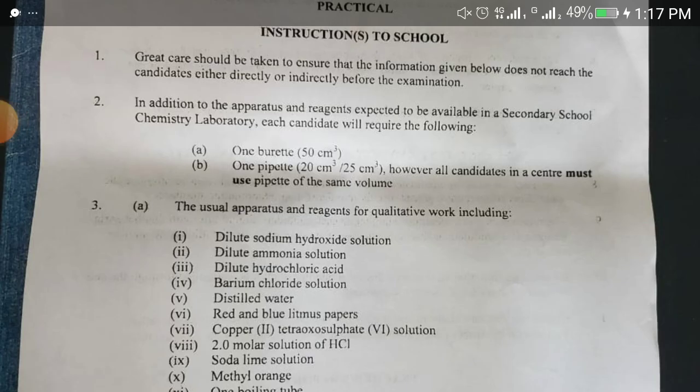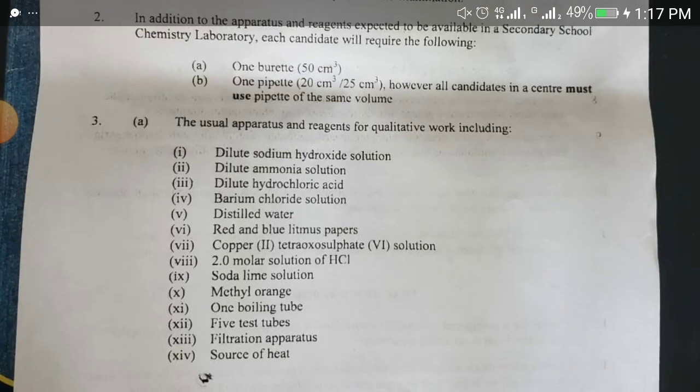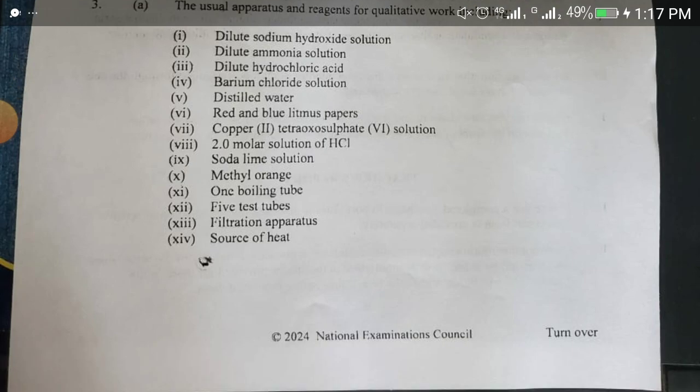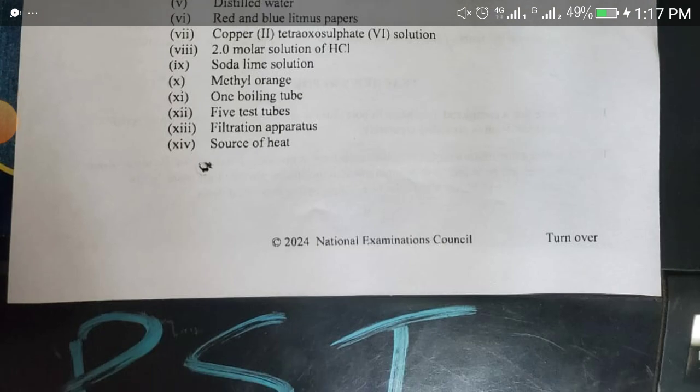You will need dilute sodium hydroxide solution, dilute ammonia solution, dilute hydrochloric acid, barium chloride solution, distilled water, red and blue litmus paper, copper(II) tetraoxosulfate(VI) solution, 2 molar solutions of hydrochloric acid, soda lime solution, methyl orange, 1 boiling tube, 5 test tubes, filtration apparatus, then a source of heat. I will still show you all those things.